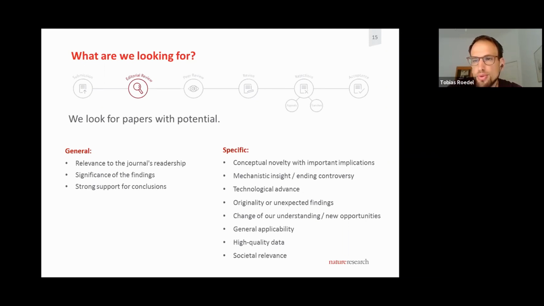For us, it's important that this is not limited to this one material, but can be applied to many others. And then, of course, high quality data is important because it also helps that your conclusions are robust and solid.